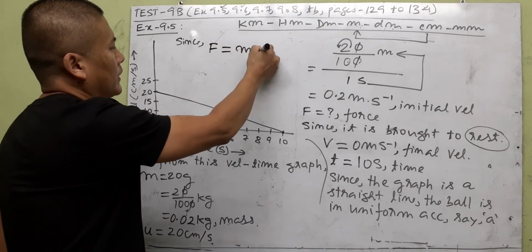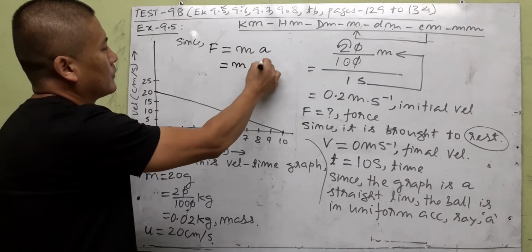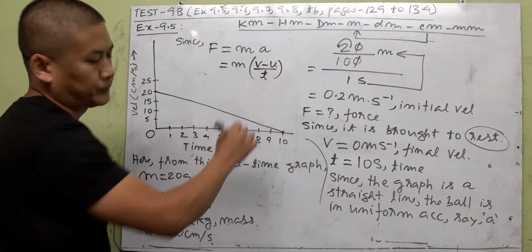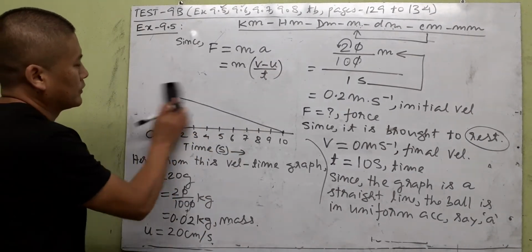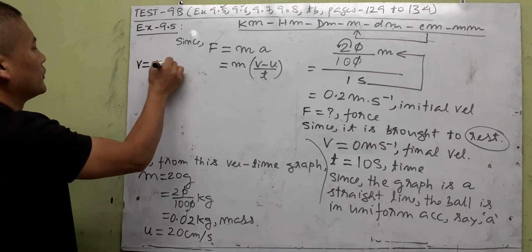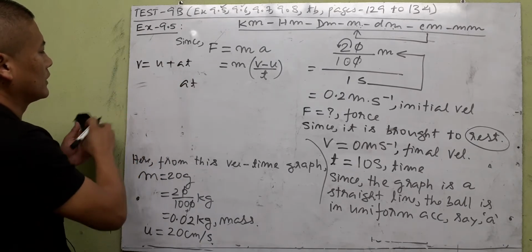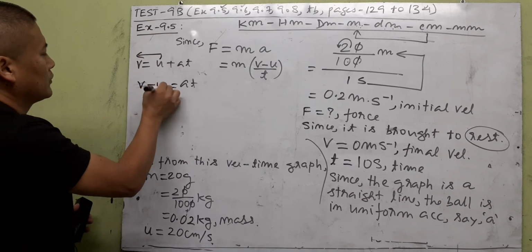Then you write here, since we know force exerted by the table will be mass of the rolling ball into acceleration of the ball, so we can change this to m into v minus u divided by t. As you know from our previous chapter, motion also, we know there's a famous equation called v equal to u plus at. So if this at is kept on one side, then this v and u go this side, minus u.